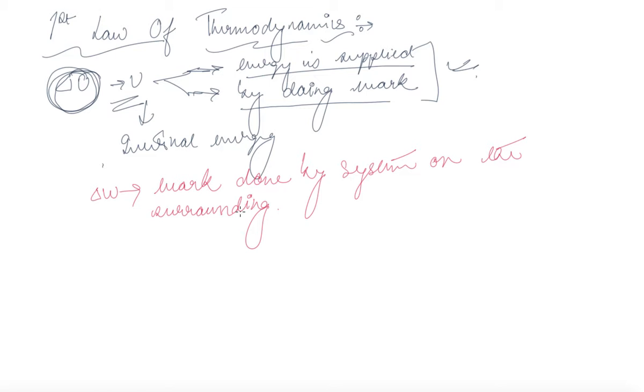That is, if the surrounding is doing work on the system, it will be negative work. If the work is being done by the system on the surrounding, it will be positive. Now, it depends upon your sign convention.